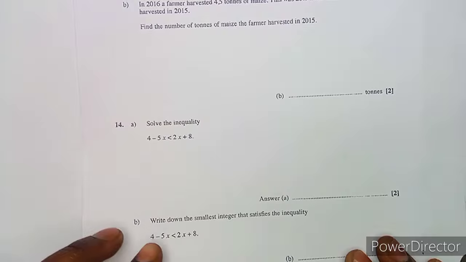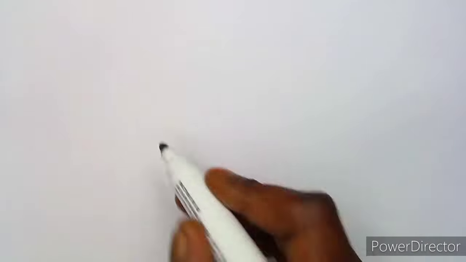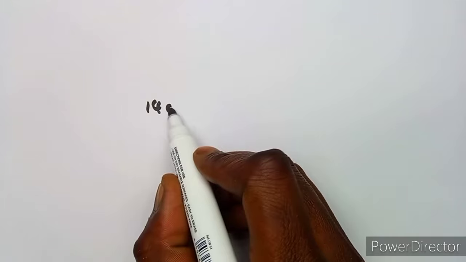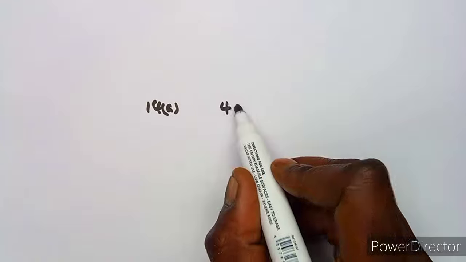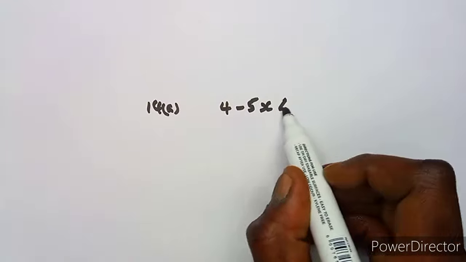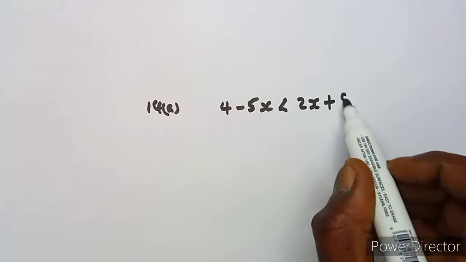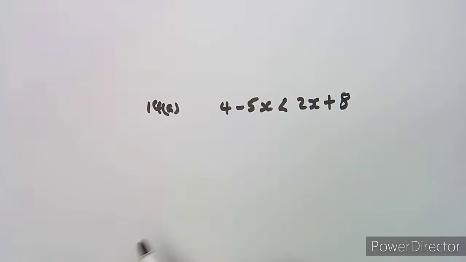All right, solve the inequality. We are given the inequality to solve on A. This is 4 minus 5x is less than 2x plus 8. How can we solve this inequality? We can transpose depending on how you want to simplify it.